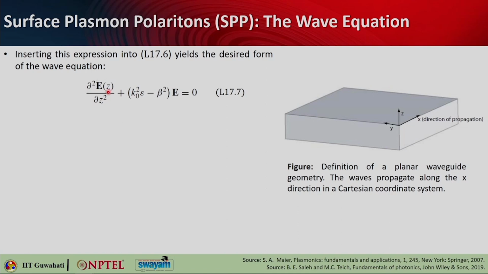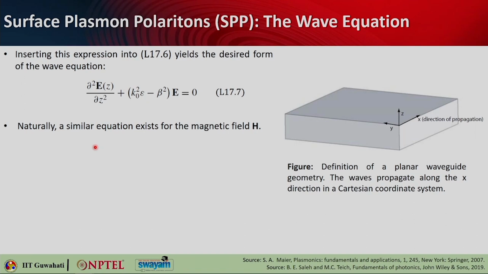So, this becomes the wave equation for this particular case: dou square Ez by dou z square plus k naught square epsilon minus beta square times E equals 0, where beta is the propagation constant of the wave travelling along this interface.